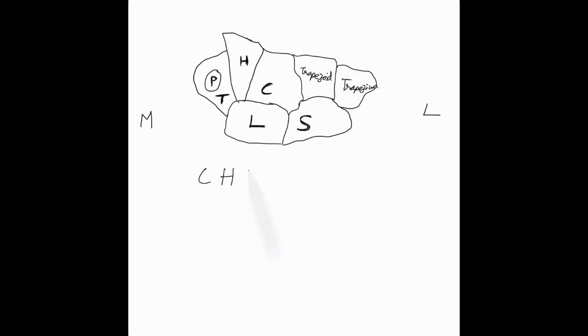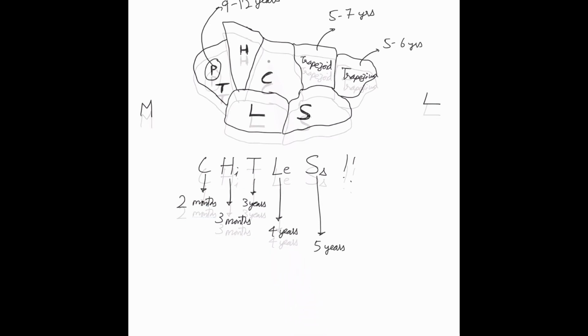The next important component of age estimation is the wrist joint ossification. So for that, there's a mnemonic that I made to remember the ossification order of the carpals. Chitless, which is how ideally a person should crack exams.